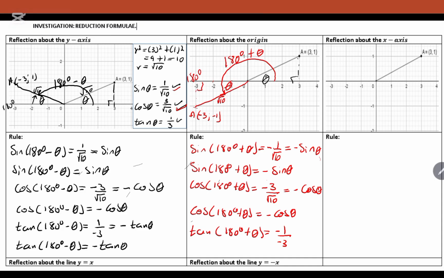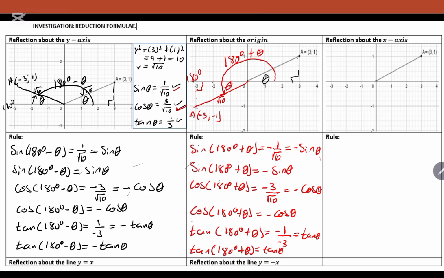Negative divided by negative is positive. So what is 1 over 3? It is tan. So this is simply tan theta. Our reduction rule will say tan of 180 degrees plus theta is equal to tan theta. That is the reduction rule for the angles that are found in the third quadrant.